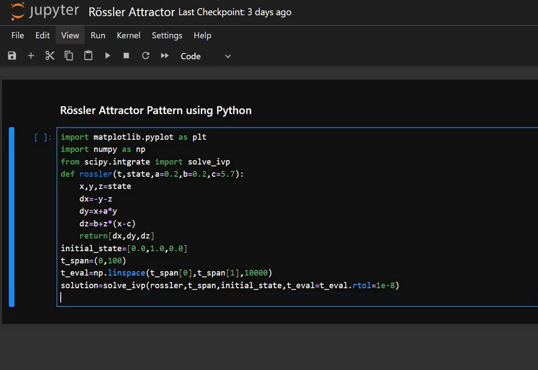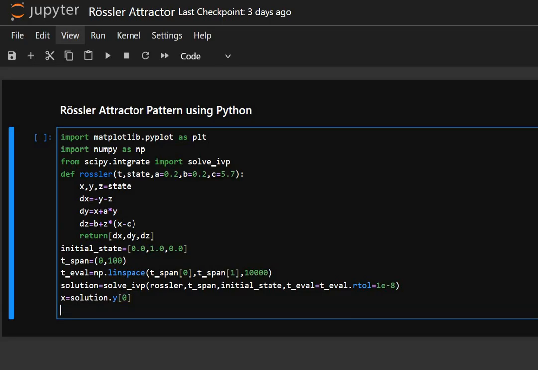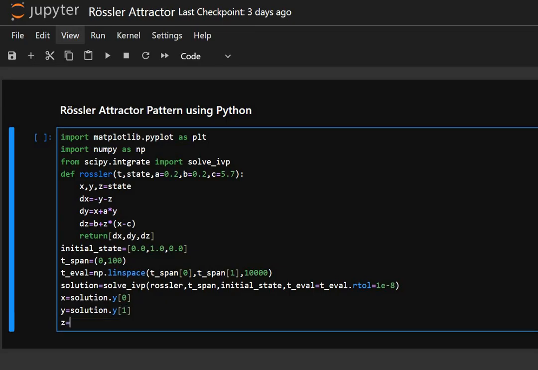This extracts arrays of x, y, z values from the solution at each time point.